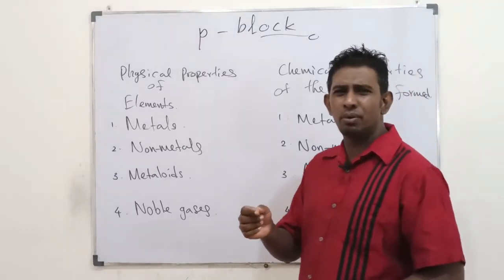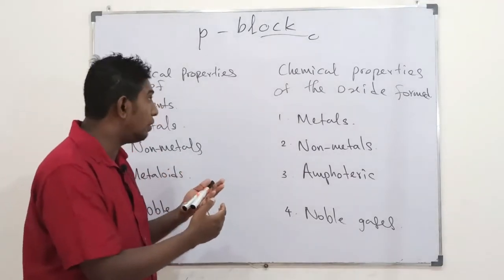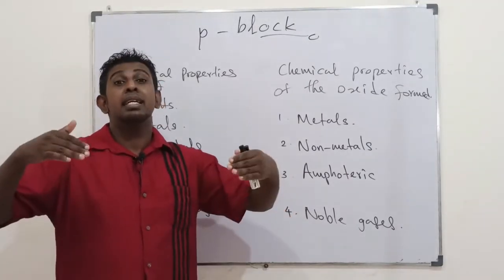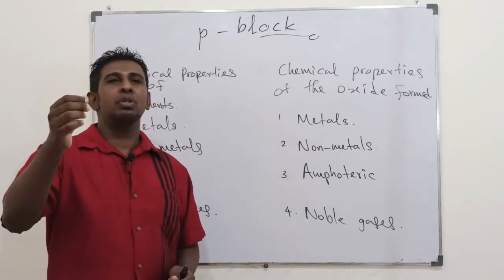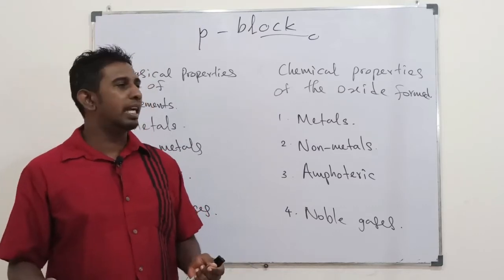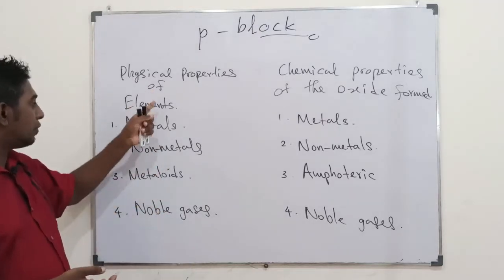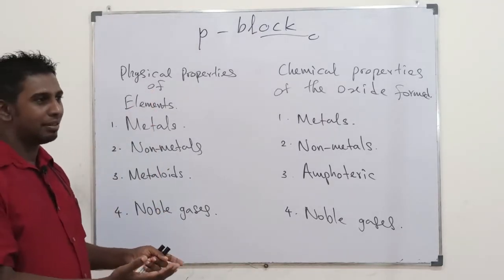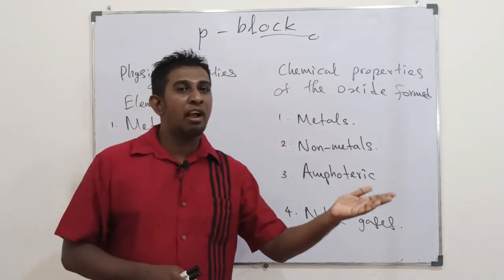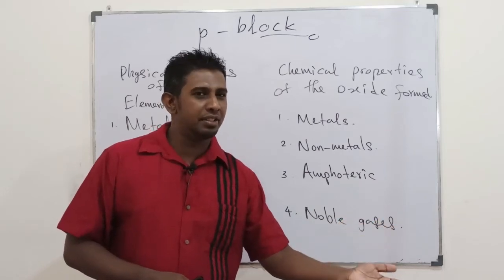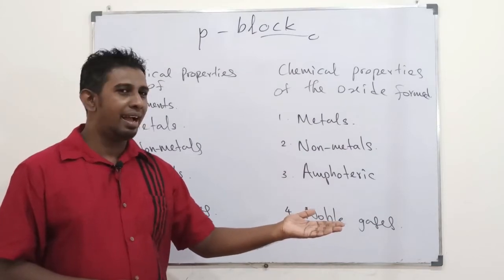Okay, hope you find the difference between those two categorizations or bases, or we could call them different contexts. On the elements found in the periodic table, you would categorize them as metals, non-metals, metalloids and noble gases based on this context, physical properties of elements, and as metals, non-metals, amphoteric and noble gases based on this context, the chemical properties of their oxides.